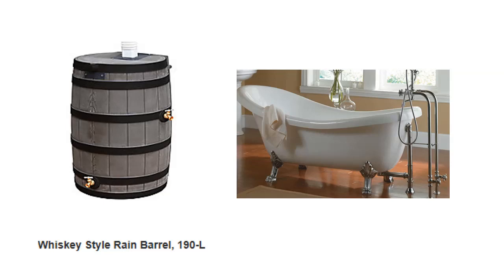So just keep that in mind as a referent. A tub is probably about, one is not very big, 100 liters. A rain barrel is about 200 liters.